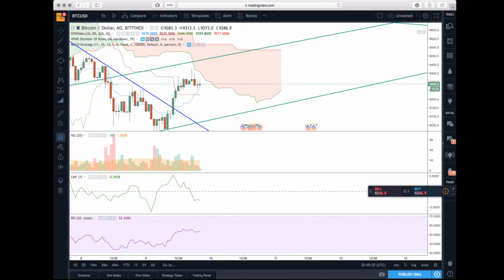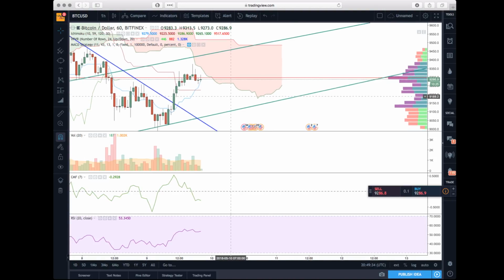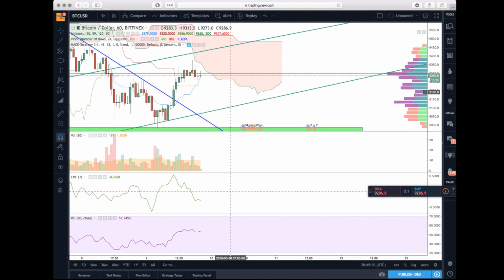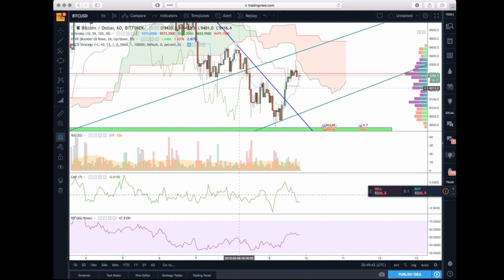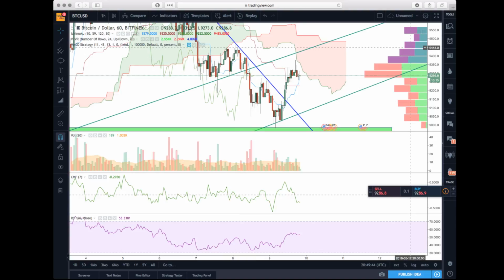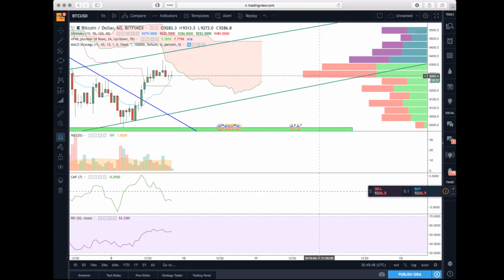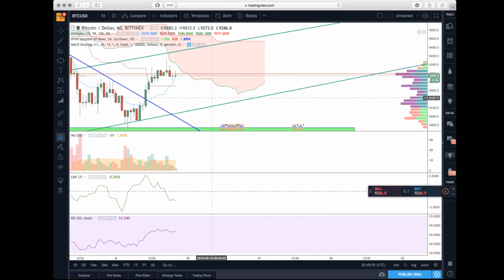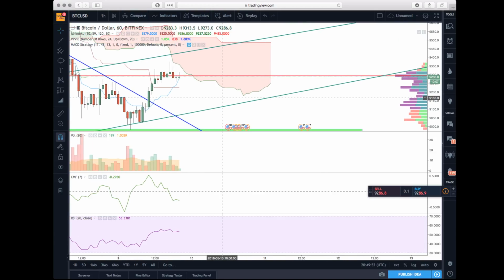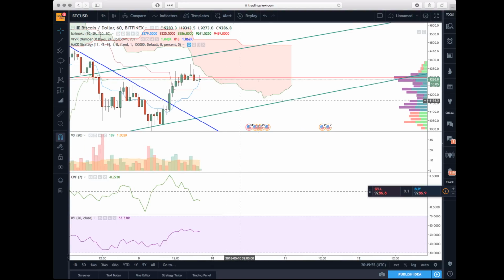So let's look at the VPVR, what we got going on here. And this is a very small range that I'm looking at. This is an hourly chart, so it is a limited data set that I'm using. I can zoom out, and then the VPVR will automatically adjust to the larger area. But I just want to see what's going on on a smaller time frame here. Okay, so we're back at this level.